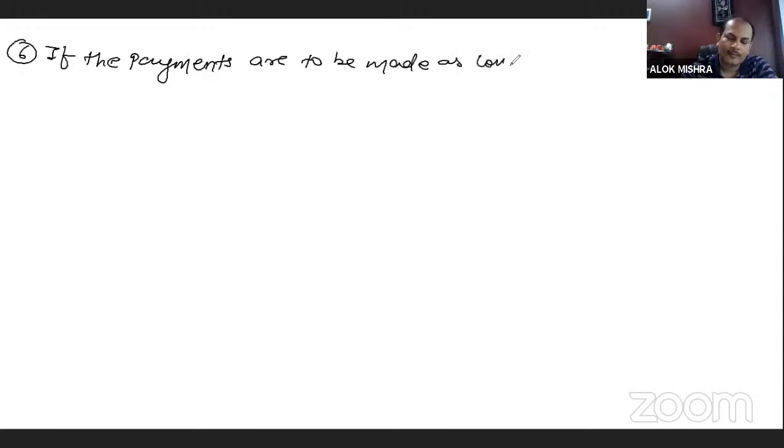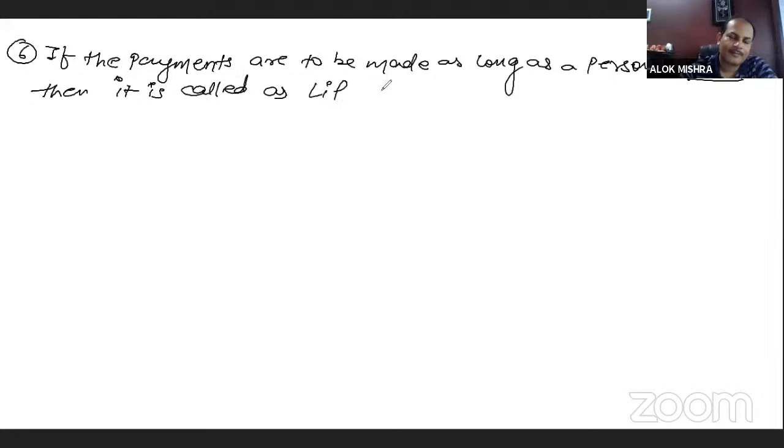If the payments are to be made as long as the person is alive, as long as a person is alive, then it is called as life annuity.